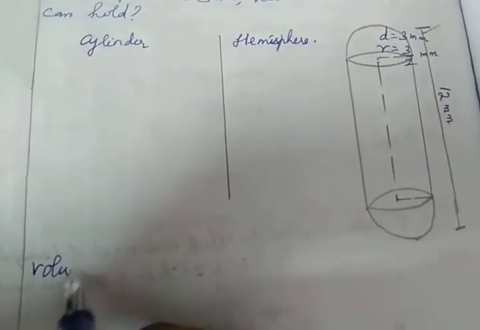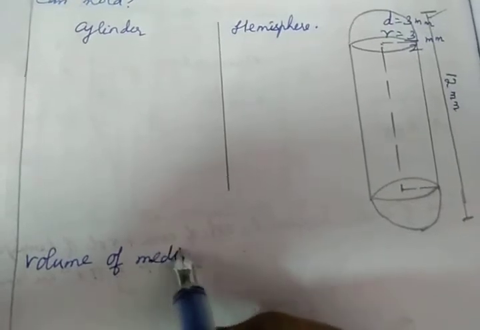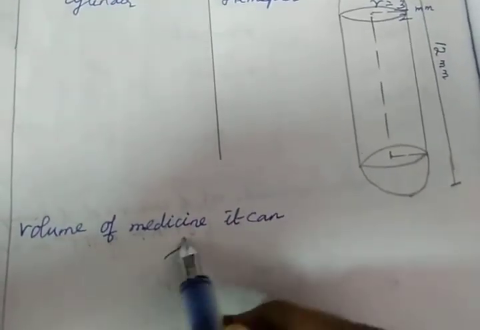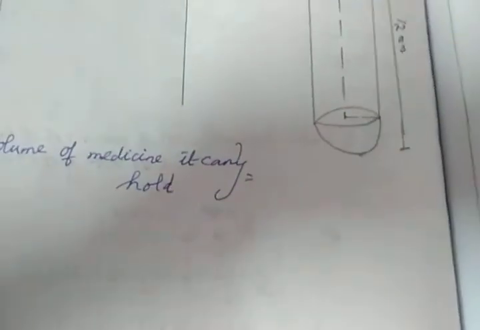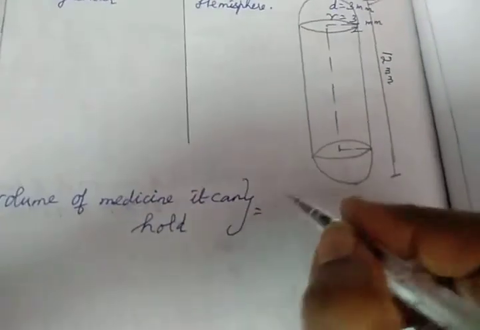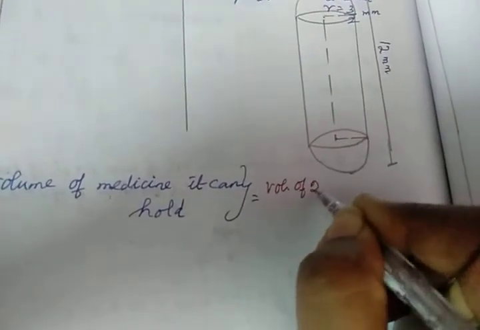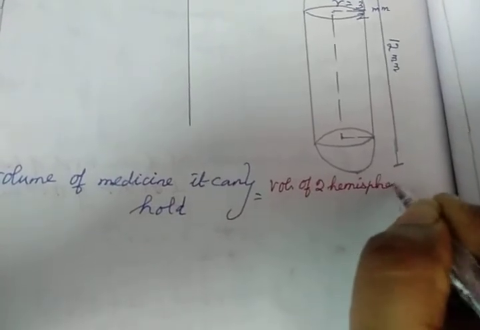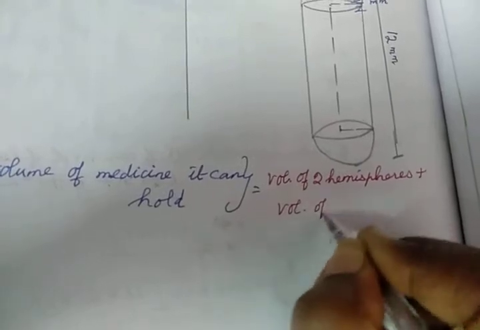Volume of medicine it can hold is equal to volume of two hemispheres plus volume of cylinder.